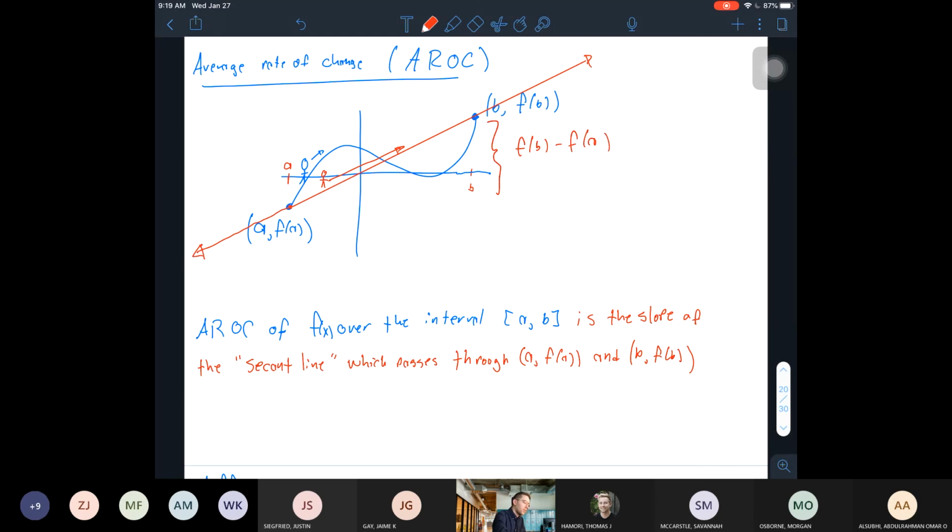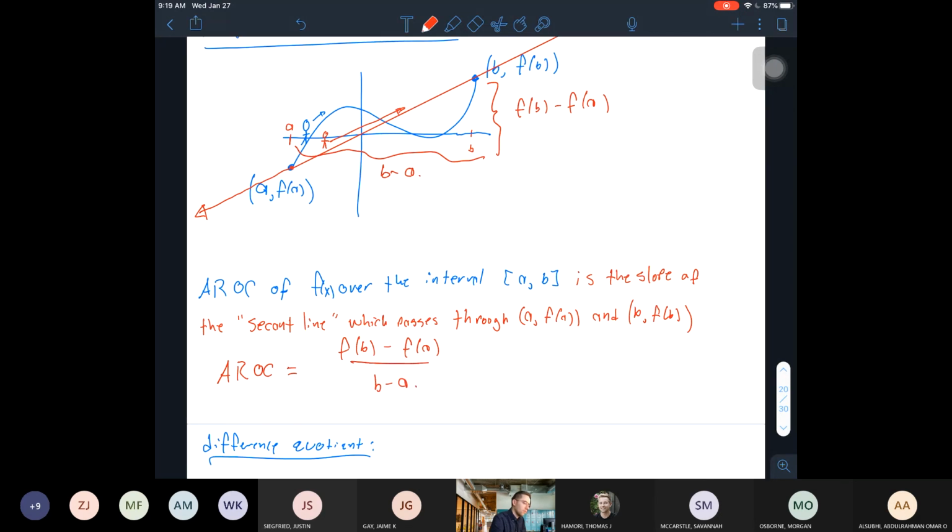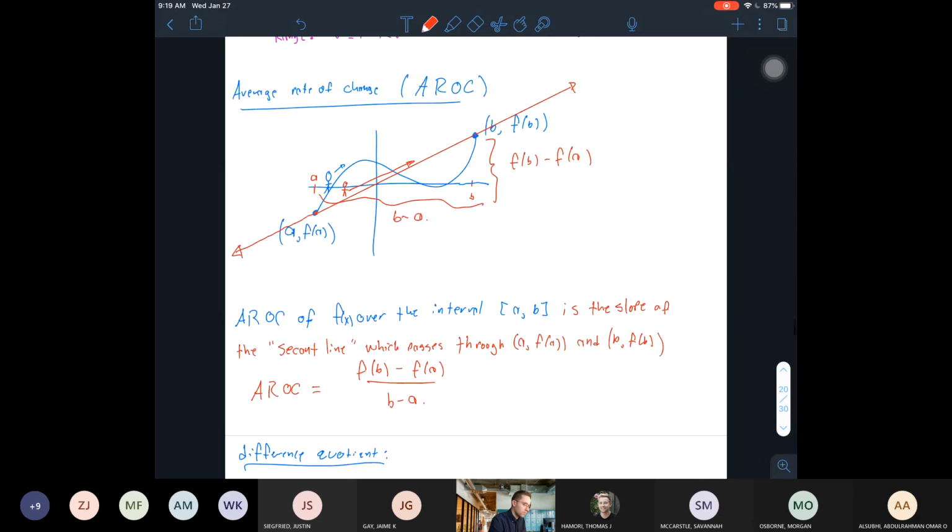And the total run was b minus a. So the average rate of change over this interval is going to be equal to f of b minus f of a divided by b minus a. Okay?